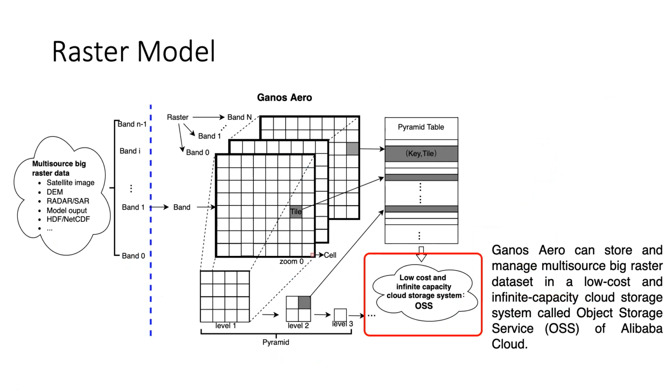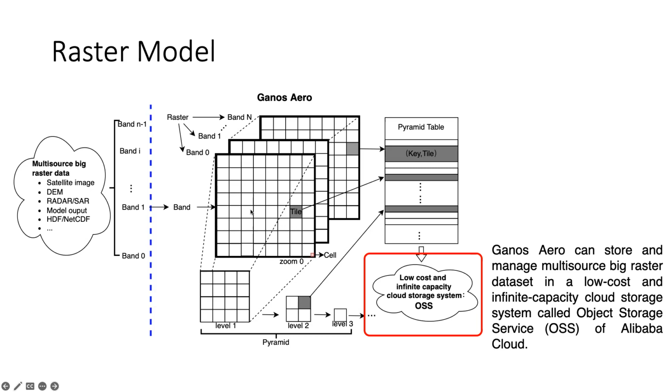Okay, this figure shows the abstract raster model used in GANOS Aero. As shown here, the multi-source raster data can be represented by a raster object, which can be divided into a series of bands. Each band can be seen as a two-dimensional array.